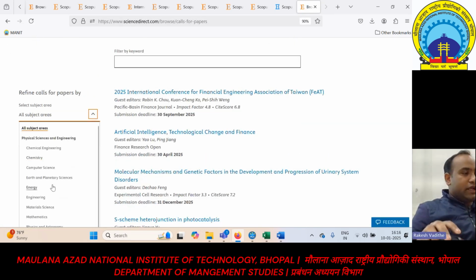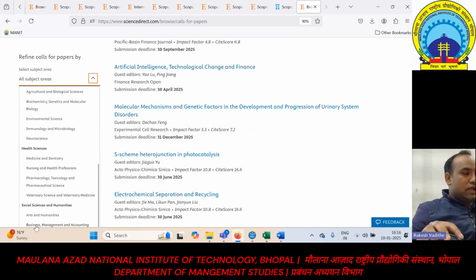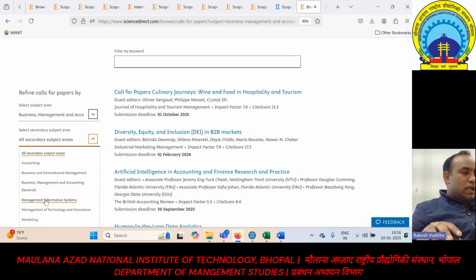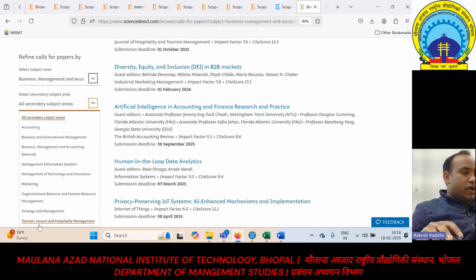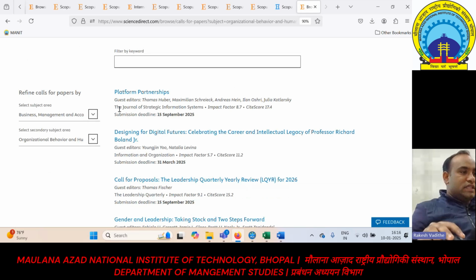Here you need to select your domain. Business, Management and Accounting. And here, suppose your domain is Organizational Behavior and HR, then you go to this one. The Journal of Strategic Information Systems is focusing on platform partnerships.